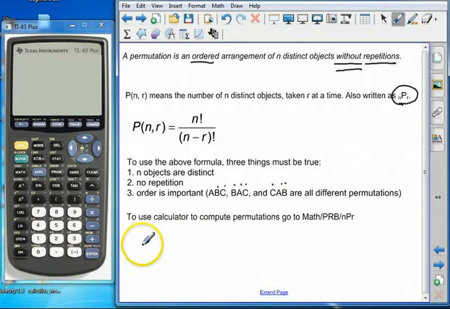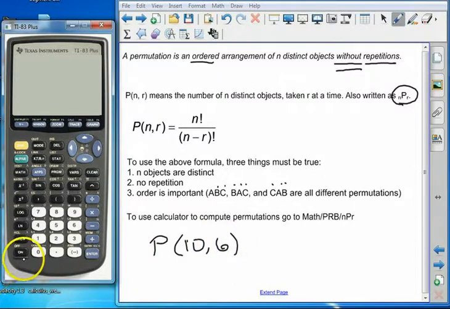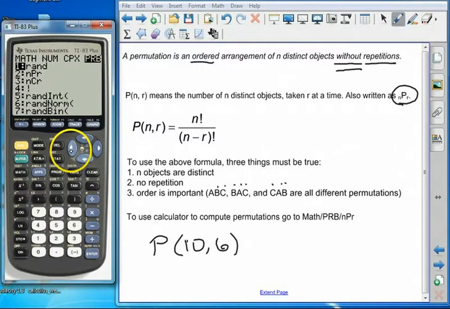You can use your calculator to compute permutations. For example, if I wanted to do P(10, 6), then I can go to the calculator. I'm going to put the 10 in first, then I go to Math, arrow over to PRB for probability, and check it out.